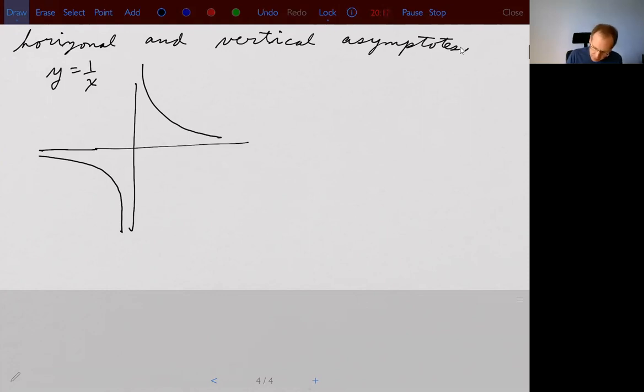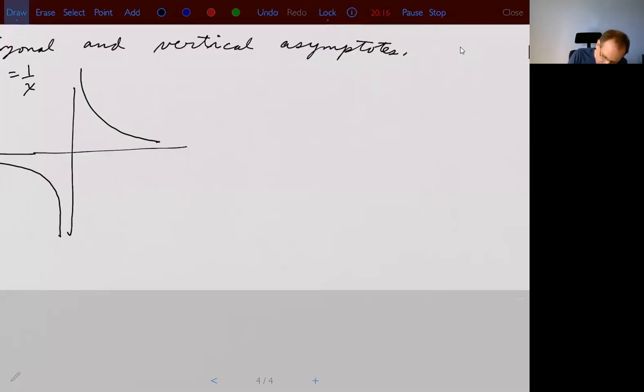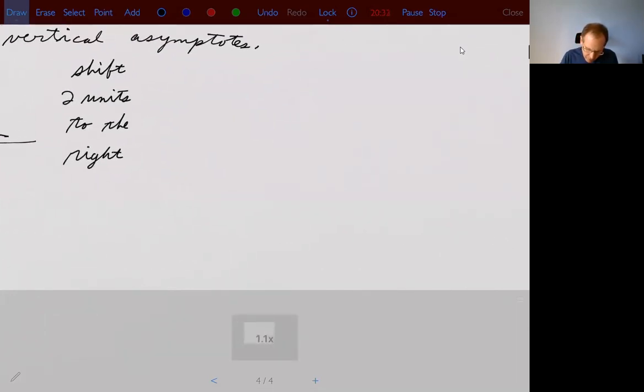Let's do that first. So we'll do the horizontal transformations first. So we have a shift 2 units to the right. So what that means now, let's make more room over here.